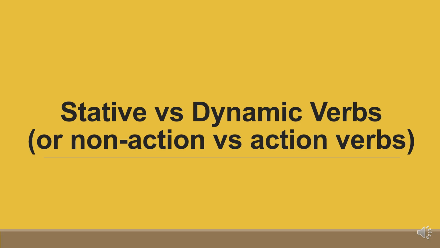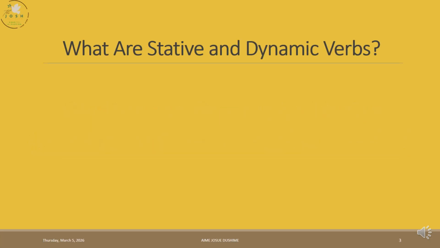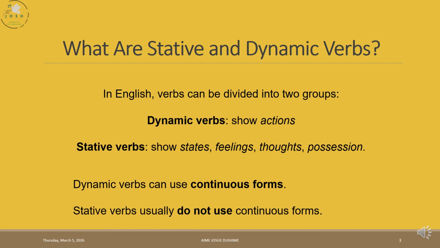Stative versus dynamic verbs. What are stative and what are dynamic verbs? In English, verbs can be divided into two groups. The first one is the dynamic verb, which shows actions.